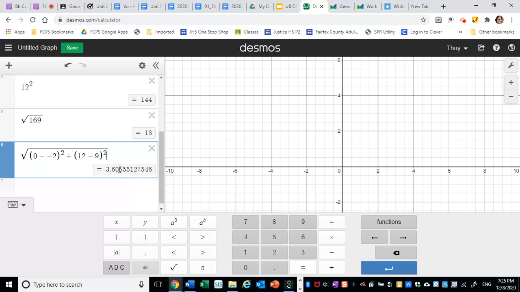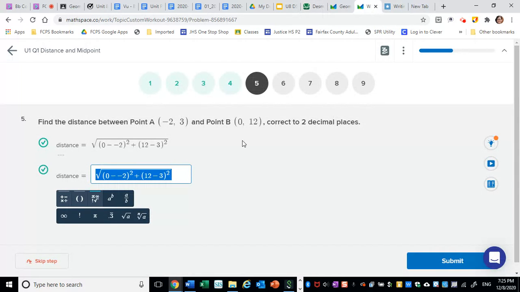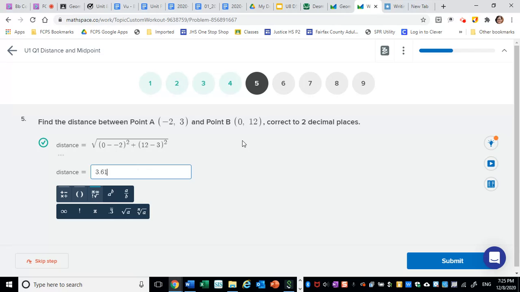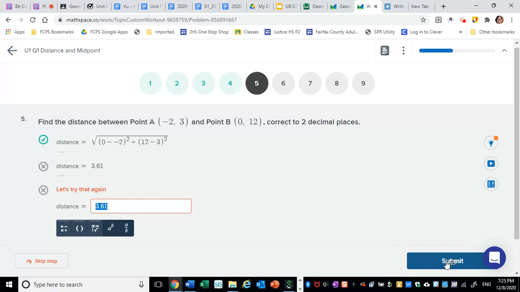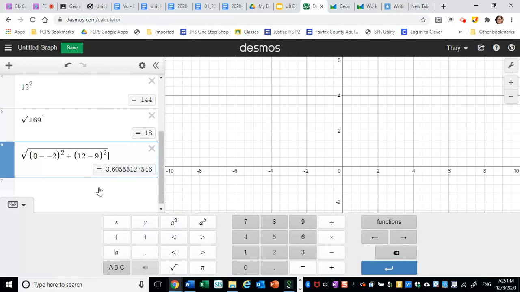But because the third decimal is 5, it becomes 3.61. Make sense? 3.61. So you put here 3.61 because they asked for 2 decimal places. Okay? 3.61, and then you submit. So 0 minus negative 2, and then 12 minus 3.